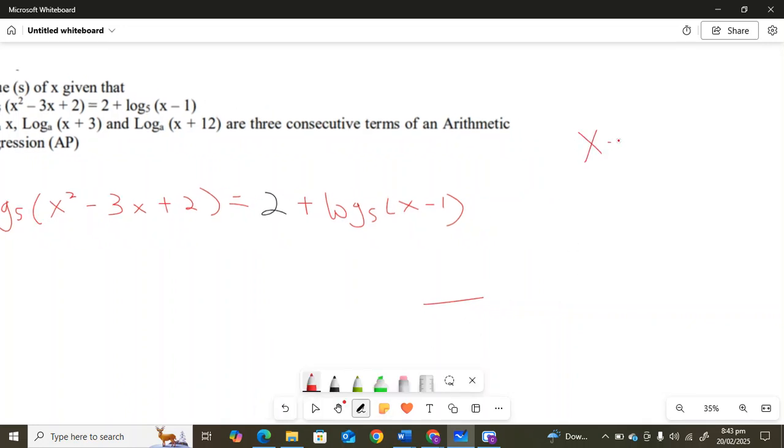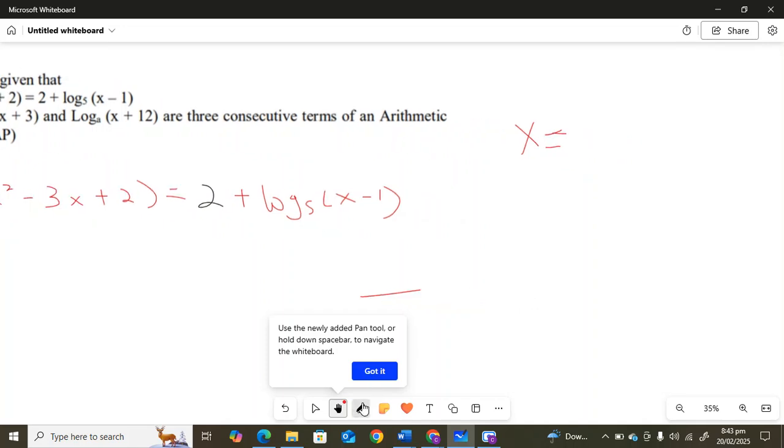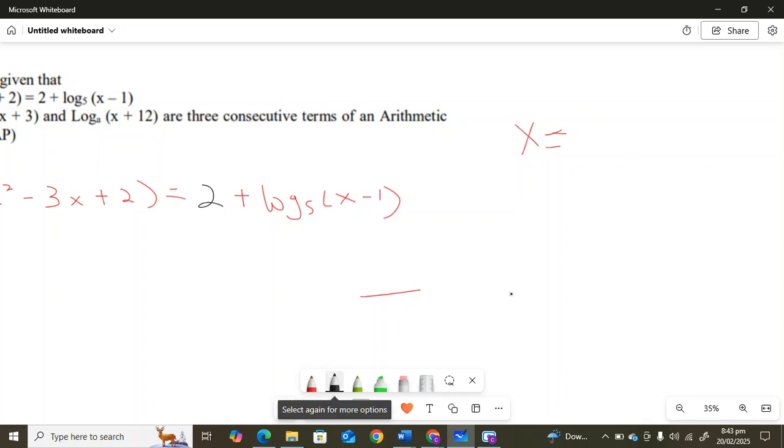x equals log a to the power x. So x basically in this case is 2. Log a is log base 5.